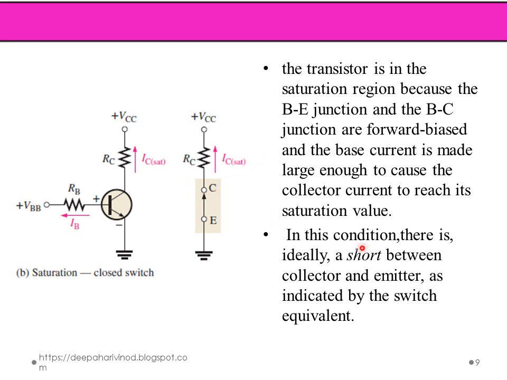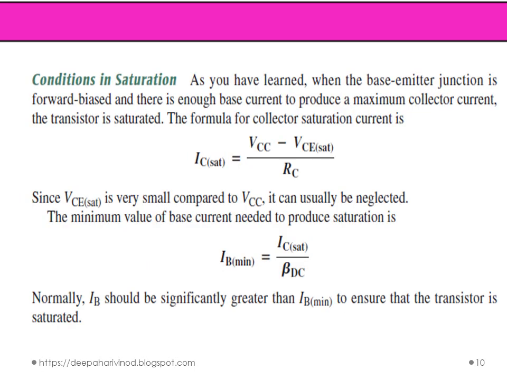That is, in this condition, there is ideally a short between collector and emitter, as indicated by this condition in the saturation. As I already told, both the junctions should be forward biased in this saturation, that is, the base emitter junction is forward biased and there is enough base current to produce a maximum collector current.